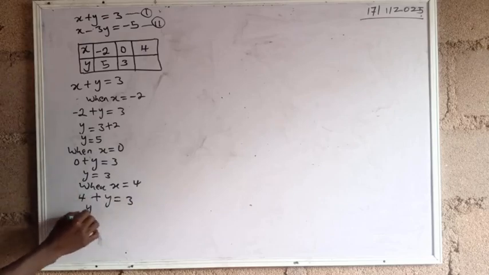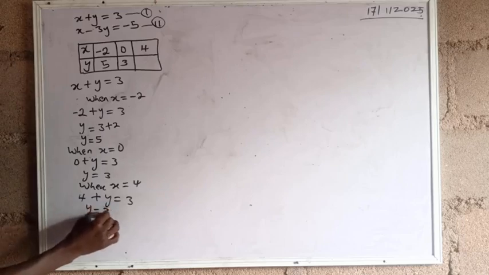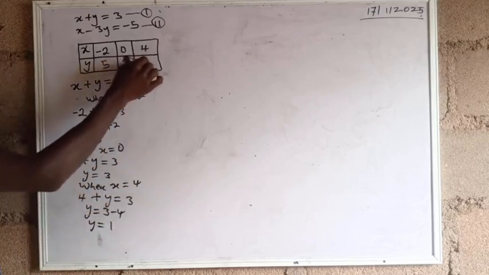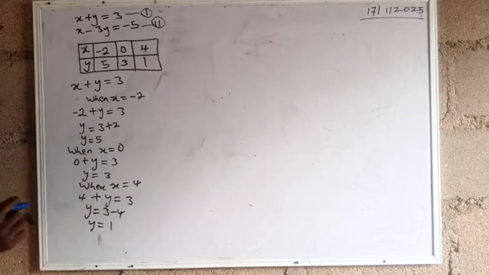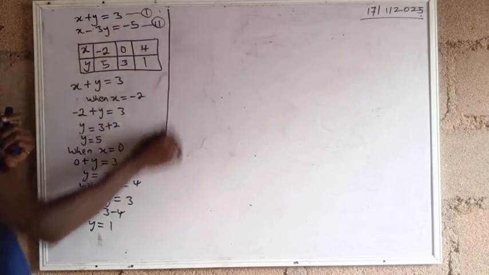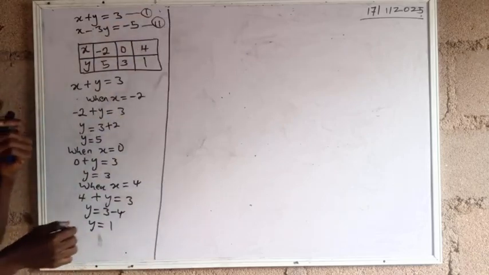Then we have y is equal to 3 minus 4, y is equal to -1. Therefore, our value of y here is equal to -1. Then we are done with the first equation.